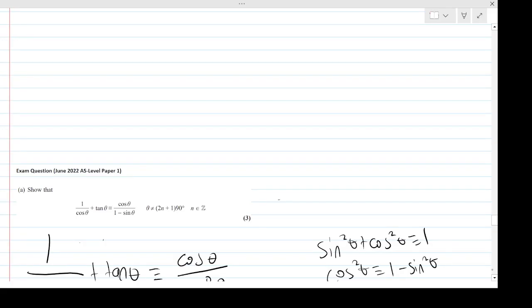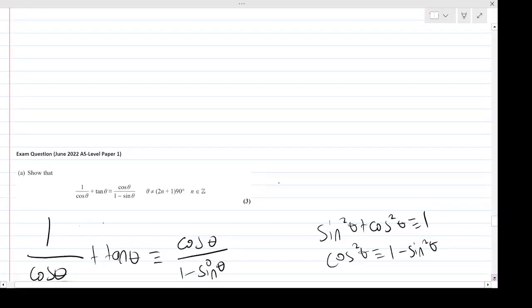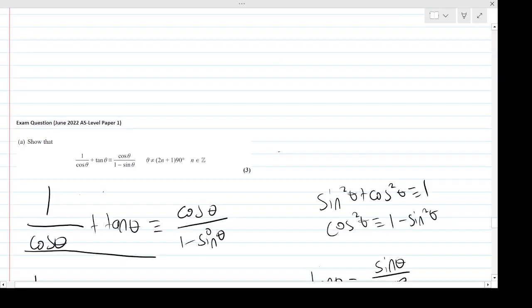We used both identities. We added fractions. We cancelled stuff out. We did a lot of stuff there. But hopefully, you can spot what we do. But like I said, practice makes perfect. This is an important topic. It does come up quite a lot, especially in year 2. But that's the whole essence, right?